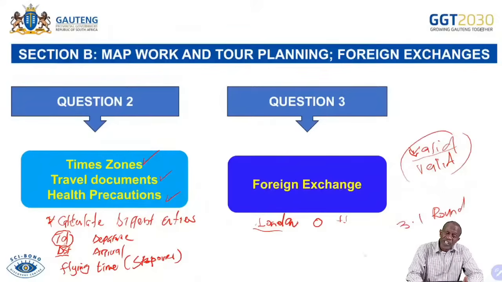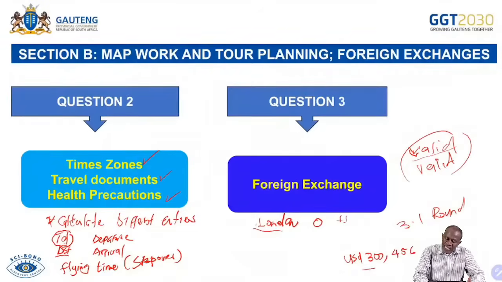I'm going to give an example here. Say your final answer is 300 USD comma 456. Then you cannot present your final answer like this. If the third number is more than 5, then you add 1 to the last number.